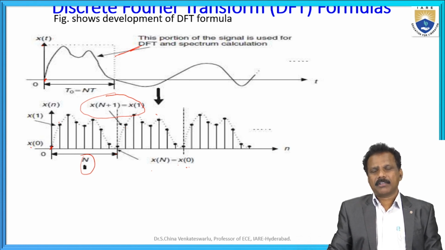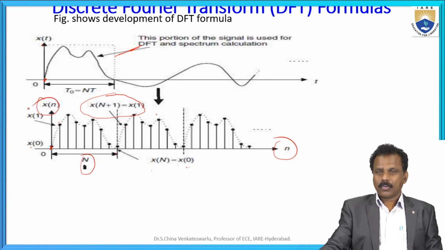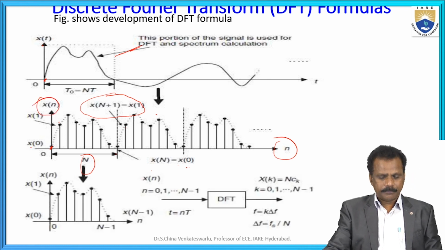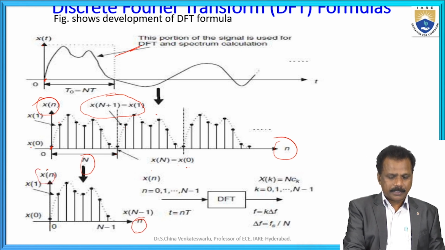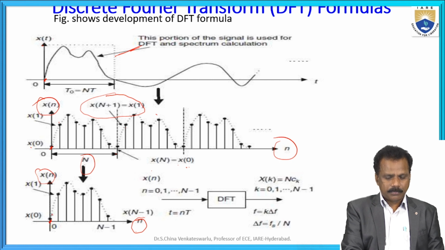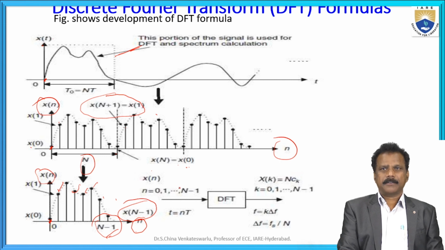We have to follow n versus x of n. So now, after this, we have to verify n versus x of n. Initially the origin is 0, x of 0 here, x of 1, x of 2, x of 3, x of 4, 5 and so on, up to x of N minus 1.